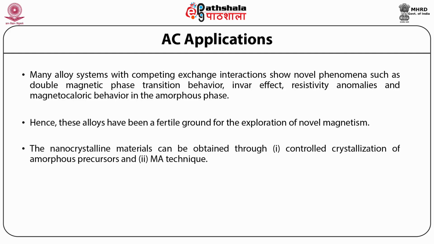The nanocrystalline materials can be obtained through controlled crystallization of amorphous precursors and mechanical alloying technique. The obtained nanostructured powders from mechanical alloying consist of particles composed of nanometer-sized crystalline grains linked one to another through grain boundaries, but highly refined and strained.